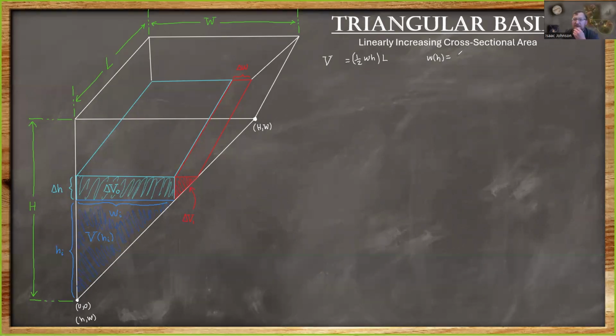Capital H minus little h over big W minus little w. Oh, sure, I see what you're saying. But in this ordered pair down here, 0, 0, we should be able to say we're picking any 2 points, and for a linear relation, really any 2 points will give you the same slope, right?